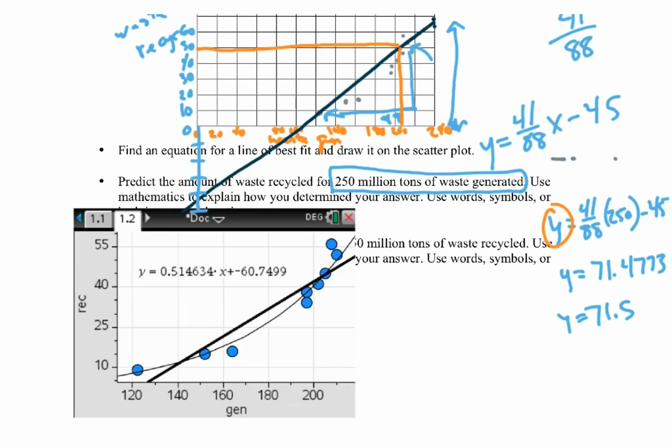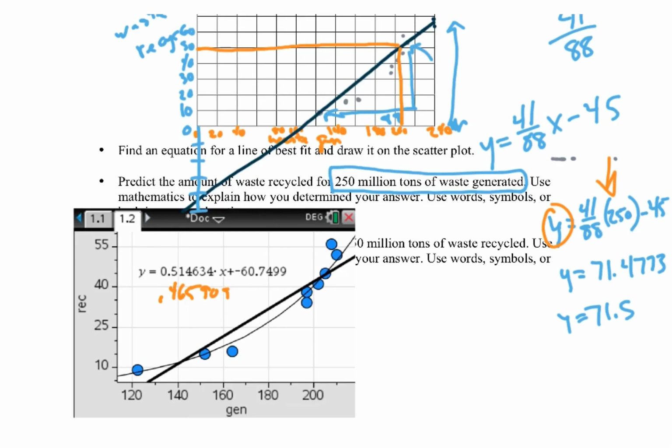Okay, so there's our picture of our scatter plot and our equation. So we can see that we were a bit off on what we had, weren't we? Though we did 41 over 88, which decimal wise was 0.465909, so pretty close.